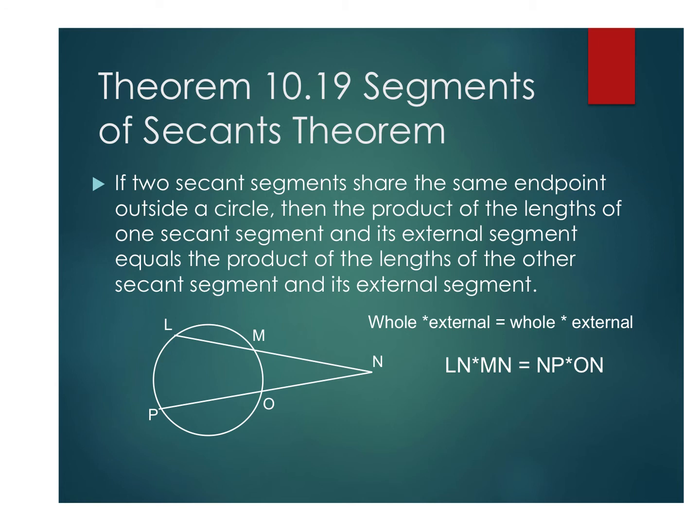So here, our first secant here, LN, this is the whole thing. And then the external piece of that secant is MN. Then over here, we have PN as the whole, and then the external piece of PN is ON.